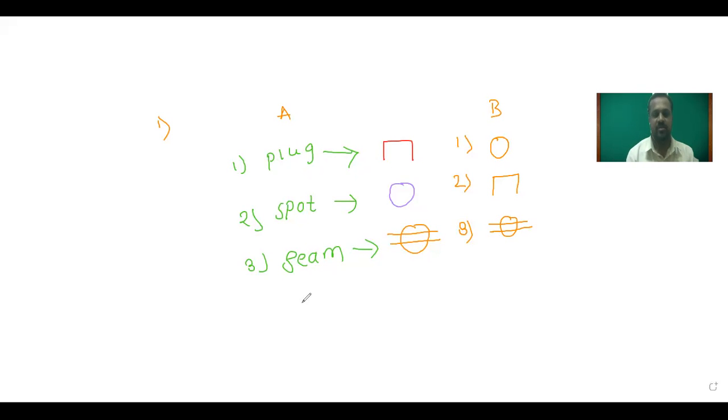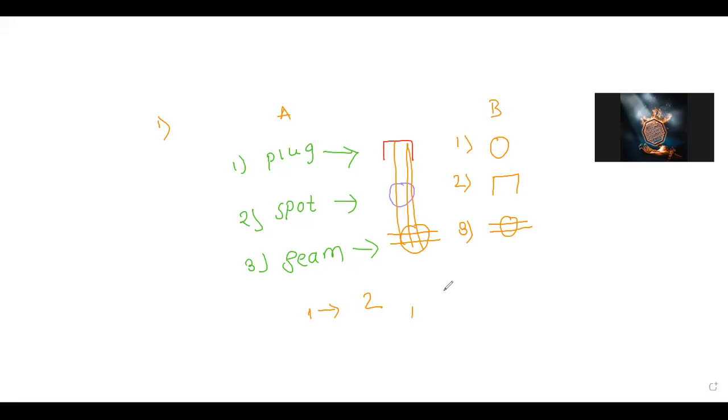Then how to match the pairs? For the one, you don't have to consider it. Then tell me, A is matched with spot: 2. Then 2 is matched with 1, and 3 is matched with 3. Like this the answer should be. Such types of questions they will ask in the examination, in MCQ manner also. Simple, you have to remember this.